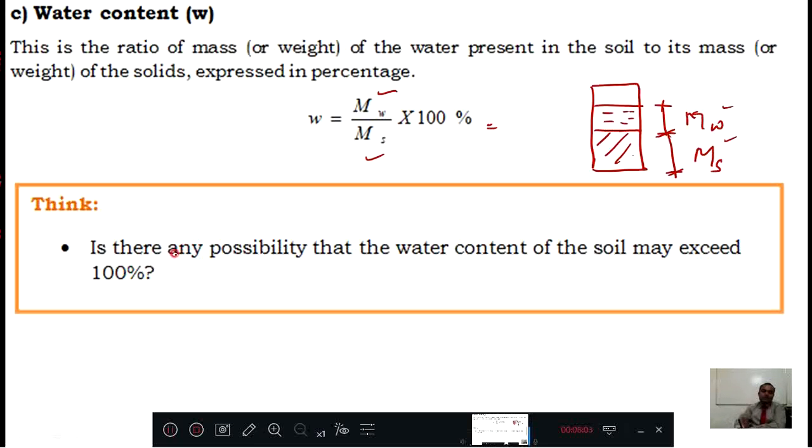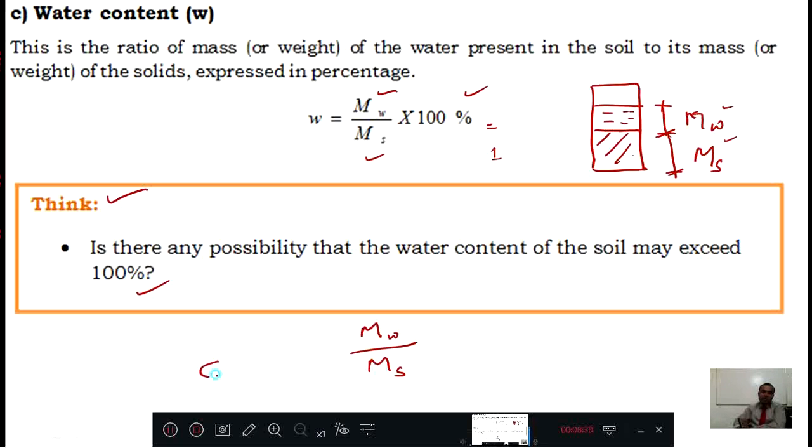Now here a very important question is asked: is there any possibility that the water content of the soil may exceed 100%? Here it is expressed in terms of 100%, but it doesn't mean that the maximum will be 1. In practice, you may have a huge mass of water and less solids.